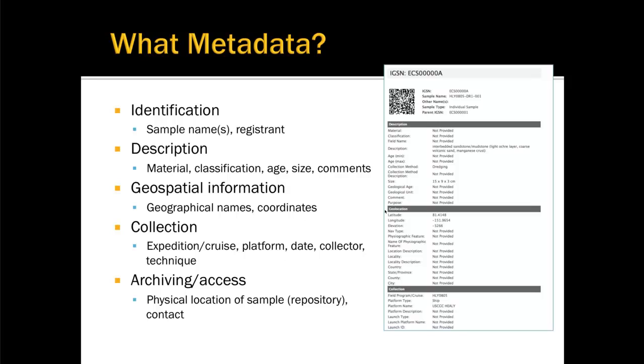Both geospatial coordinates and geographical names can go in here. Information about the collection includes names of expeditions or cruises, sampling campaigns, the name of the platform, meaning the name of a ship or so, the date of collection, the person who collected, the sampling technique. And then last but not least is the information about archiving. Where is the sample now, which repository, with some contact information so that people can access the sample if they're interested in it.